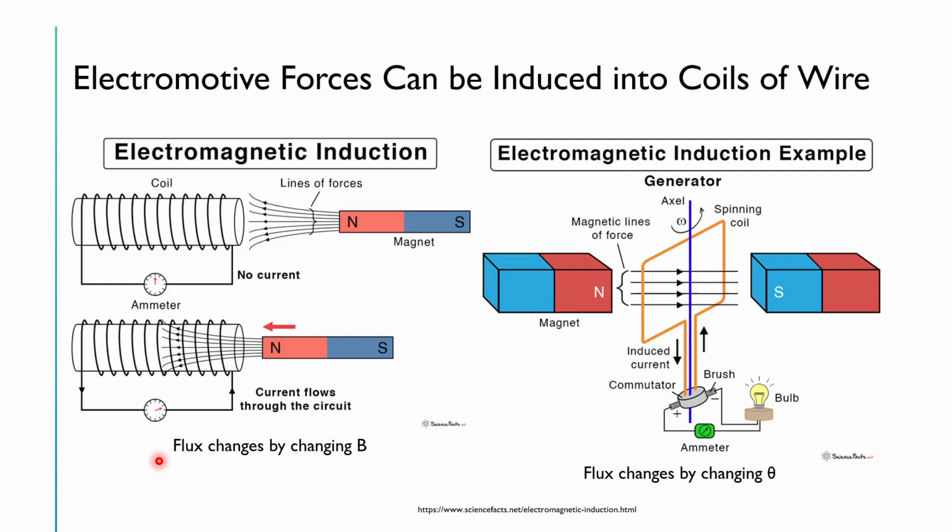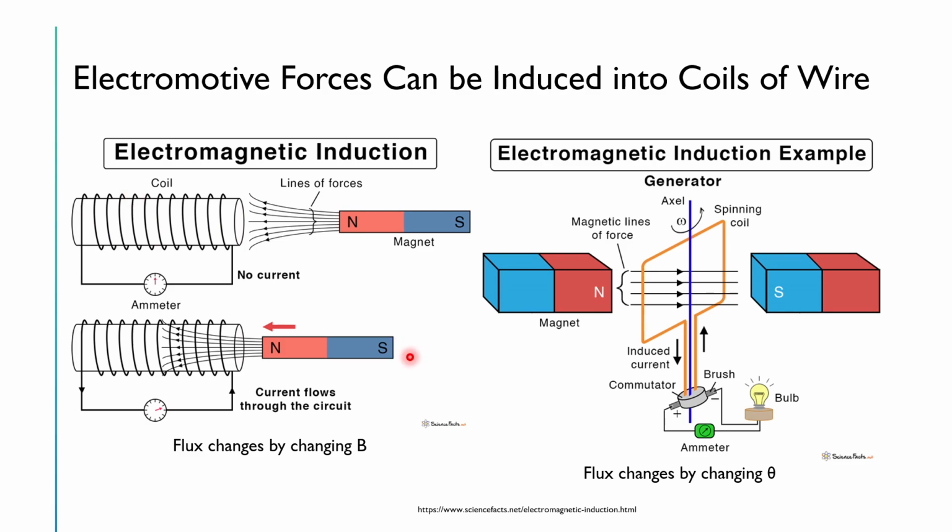So in this case, for example 1, we're changing flux by changing the size of the magnetic field that is around these wires. So in a scenario where the magnet is outside of the coil, there essentially is no or a negligible amount of magnetic field that is influencing these wires.